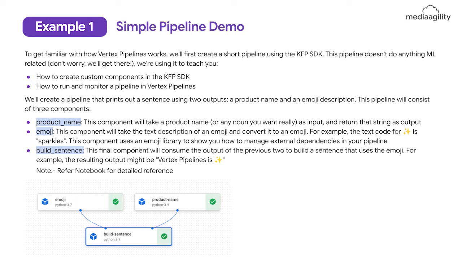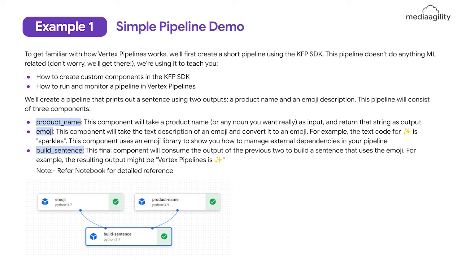Now there is another component, the emoji component. It is going to accept the type of emoji it is going to generate code for, and the name. It is going to provide two string outputs, one being the emoji and another being the code for that emoji.